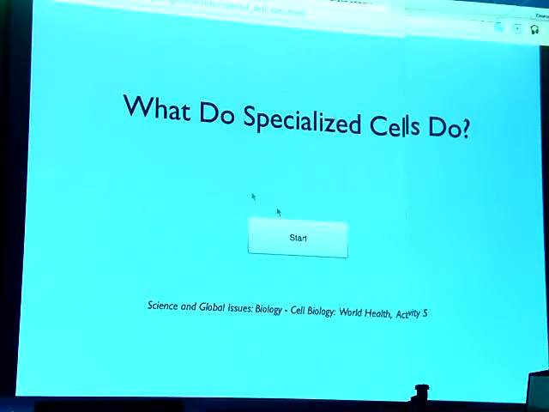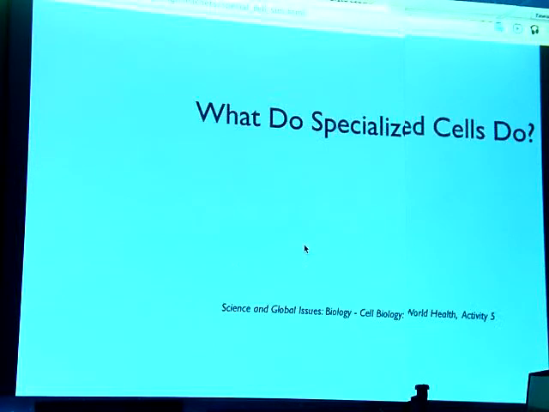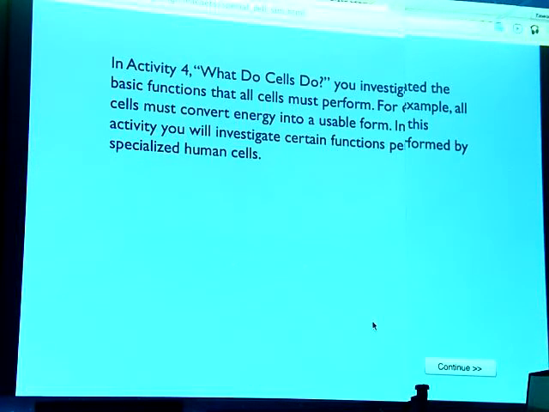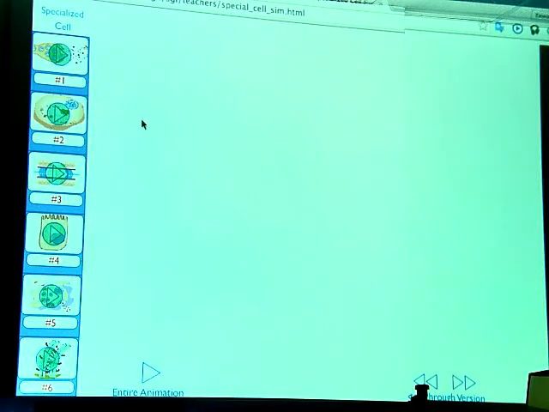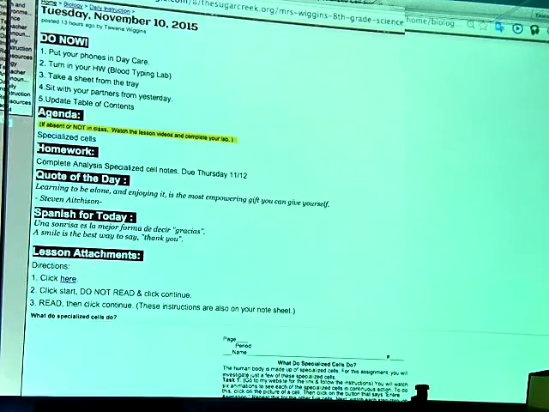I'm going to show you really quickly so you know what you're looking for. Here's where you're clicking start. Here you don't need to read this because it talks about activity 4. You'll go ahead and click continue. Read this information, then hit continue again and follow the instructions on your paper. What you do not finish is homework, so you need to be working through this.